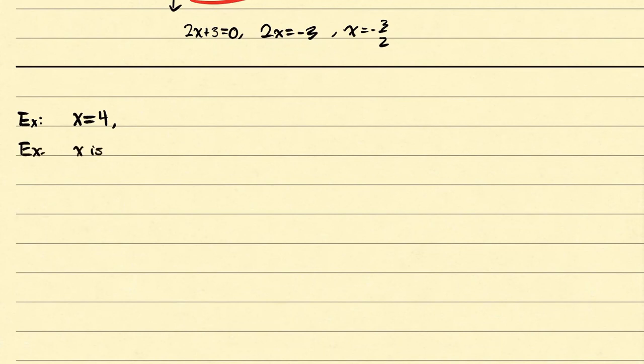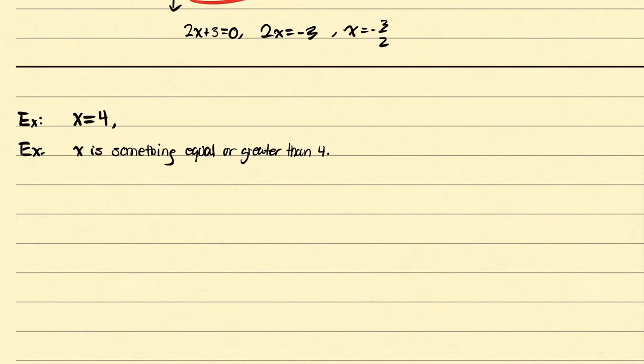x is something equal or greater than 4? So now, instead of an exact value, you have kind of a range of values.